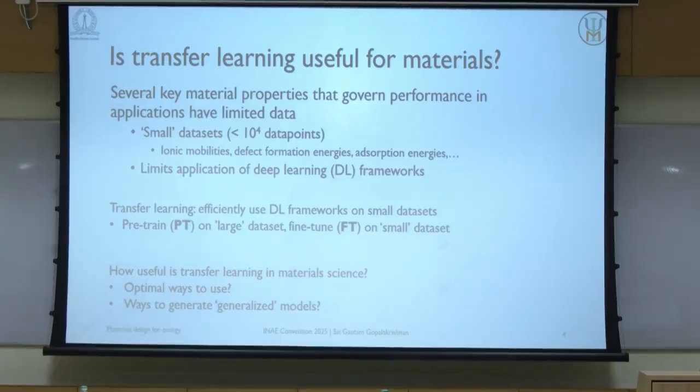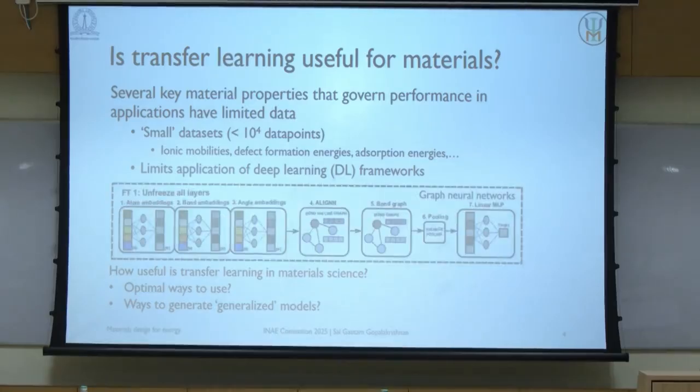But you can take these models and fine-tune them very quickly, so you can make them very good at predicting one specific property very easily. We wanted to broadly answer these two questions, and the architecture we used is graph neural networks. I don't have time to go into the details, but I'll be happy to take questions.